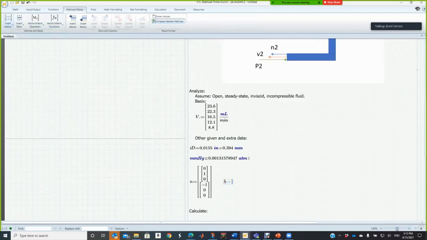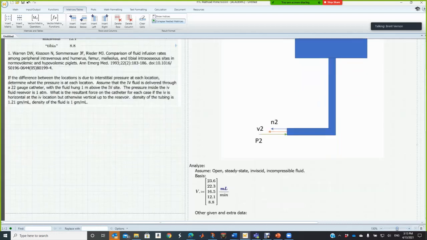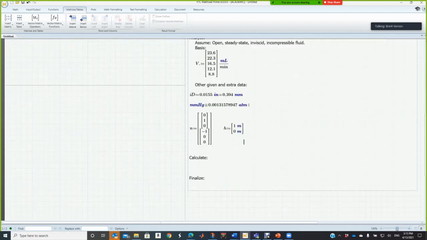I'm going to put a vector in here that's got h1 and h2: 1 meter and 0 meters. We'll call h2 down here at the bottom 0 meters, and the top it'll be 1 meter. So this intersection between the IV bag and the tubing is a meter above this needle position.